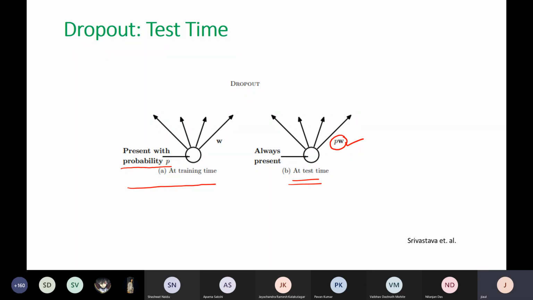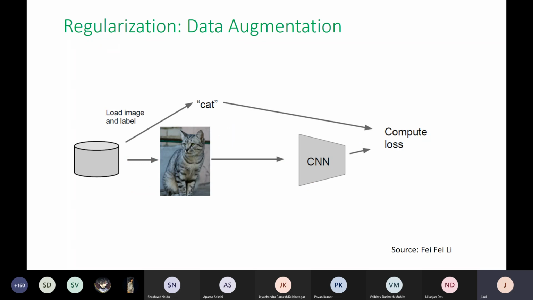All right. So just quickly, a couple of other regularization things that people typically do for image processing. Regularization means you want to enhance your model performance using some kind of trick. There is another approach people use called data augmentation.